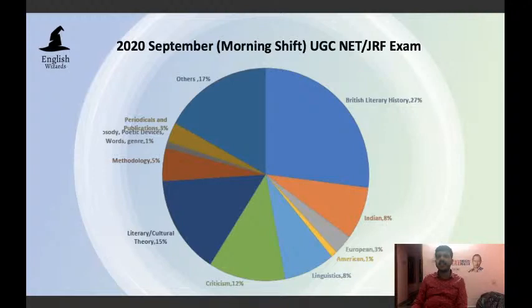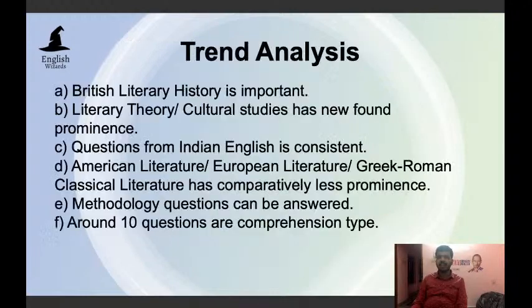Then there are certain areas which you do not need to give much prominence to. For example, if you remember the pie chart, American literature, 1 or 2 questions every time. Similarly, European literature, 1 or 2 questions every time. Then there is Greco-Roman classics, as I said earlier. Then also Commonwealth literature, just 1 or 2 questions.